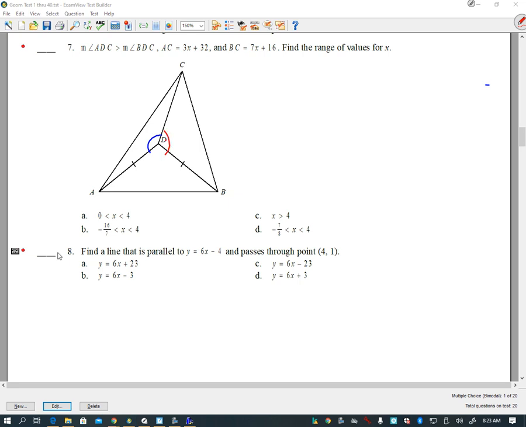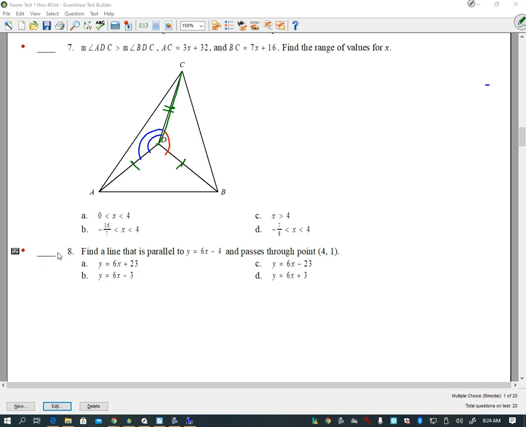So let's give this a double line and say I know that ADC is greater than BDC. Now notice something here, that this line is equal to this line on this triangle, and this line right here is shared, so we know that these two triangles have two sides that are the same length. Does that make sense?